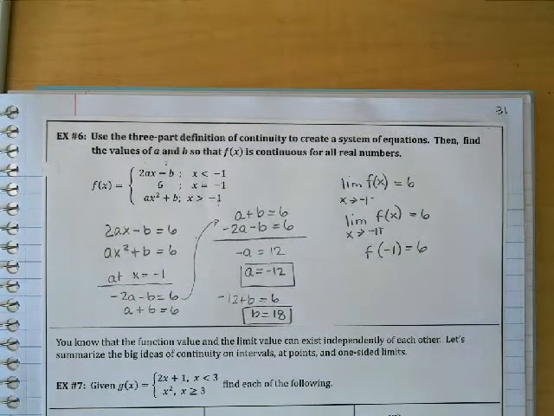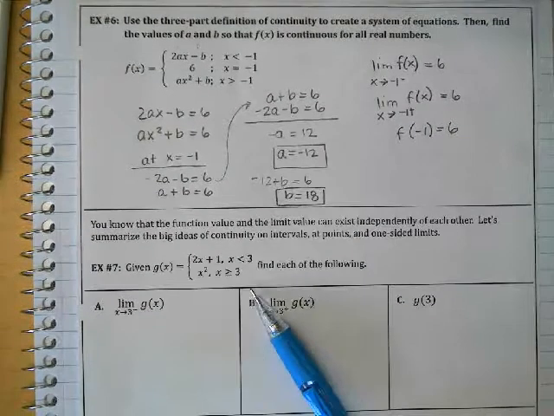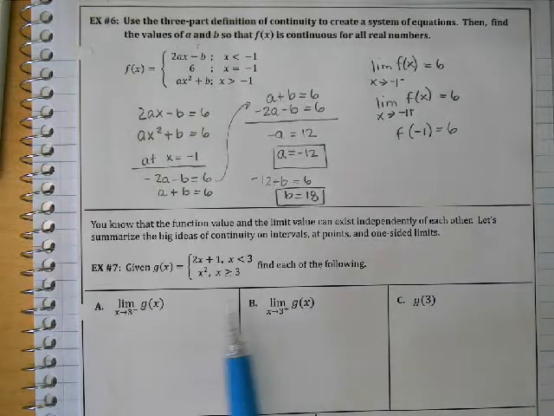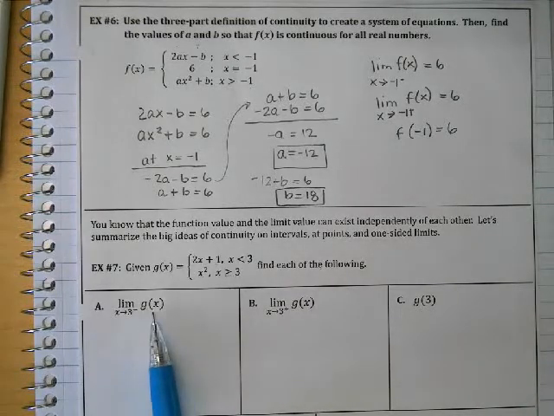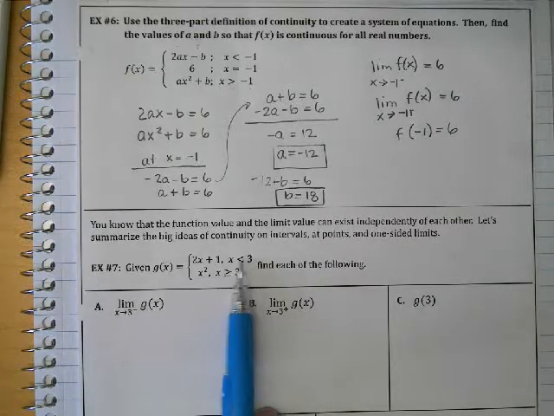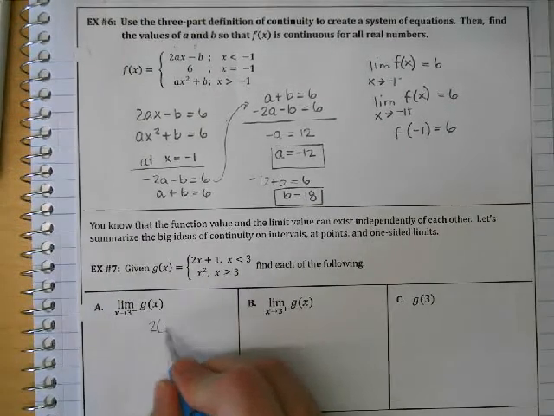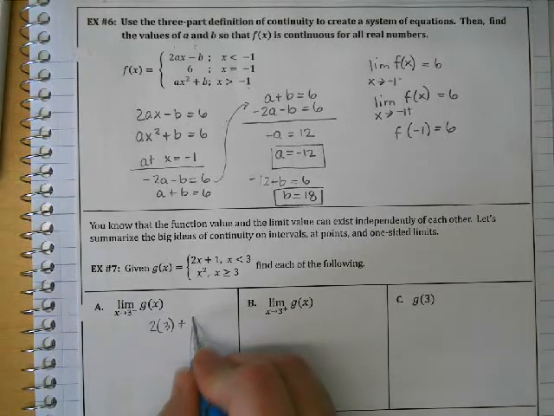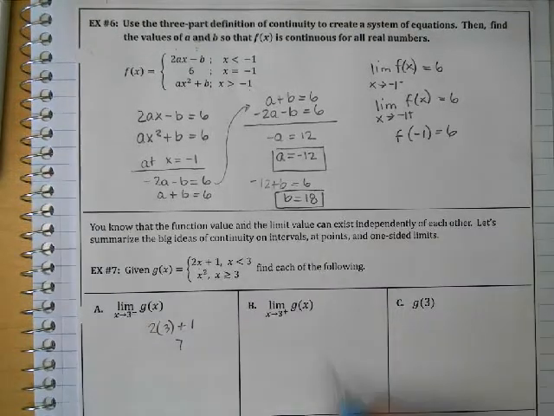Okay, so let's look at putting it all together. Say we have a piecewise function right here, and we want to find the limit as x approaches 3 from the left. I got to use direct substitution. That is 7.